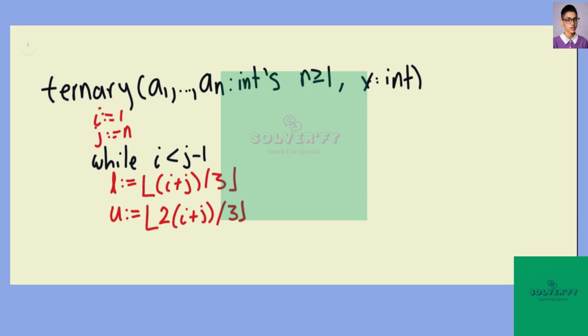Okay, so then we can determine in which subinterval x lies. So if we think about all these variables, if we have a list, so a1 all the way up to a sub l, it's going to go all the way up to a sub u, and then up to a sub j.